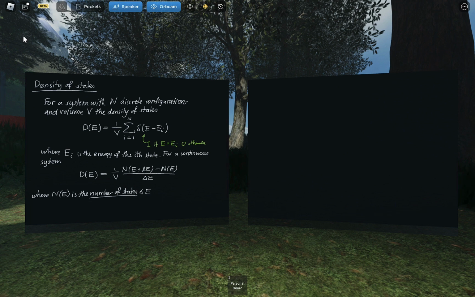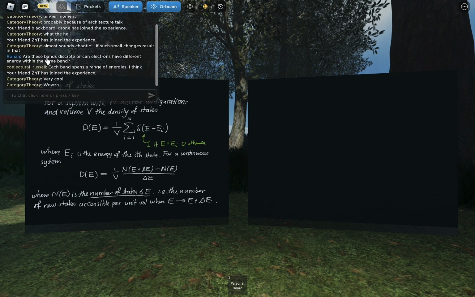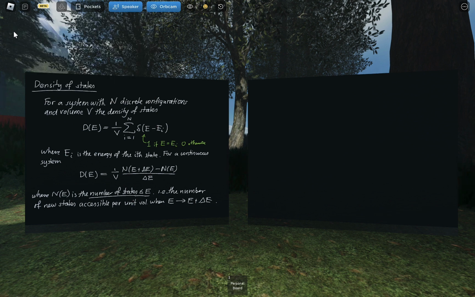So N(E) is the number of states of energy less than or equal to E. I.e. the number of new states accessible per unit volume when the energy increases from E to E plus delta E. Okay, so in a continuous system, of course, we actually deal with some kind of measure and we're integrating, etc.